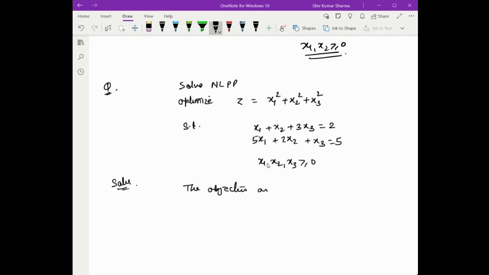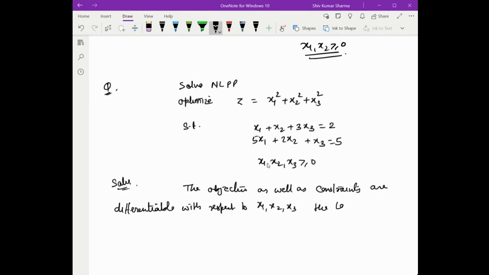The objective function as well as the constraints are all differentiable with respect to x1, x2 and x3.